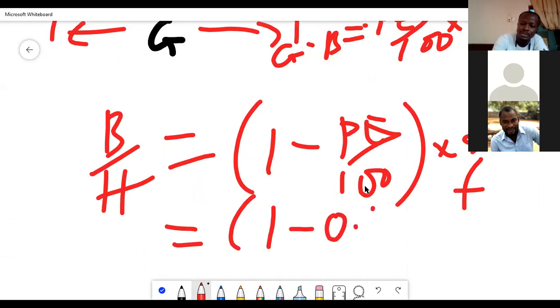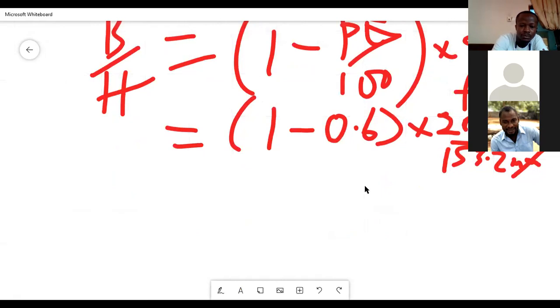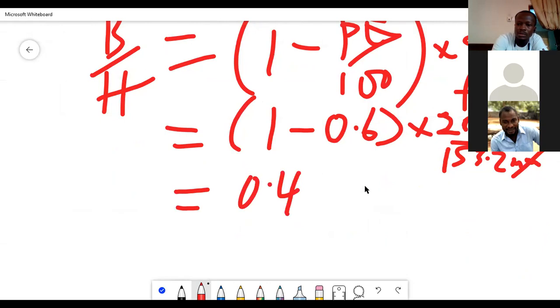So 1 minus 0.6, which is 0.4, times 23 centimeters, converted into millimeters, 230 millimeters, over 153.2 millimeters. Millimeter cancels millimeter. So it's a ratio, so we don't have any units at all. Of course, you can calculate this value and use it.